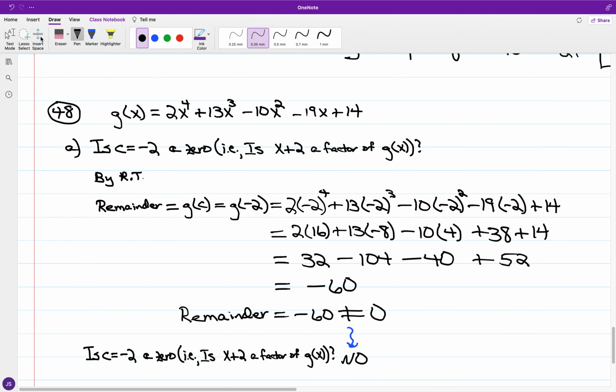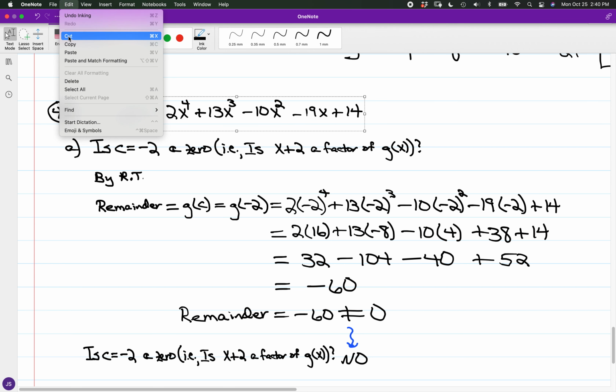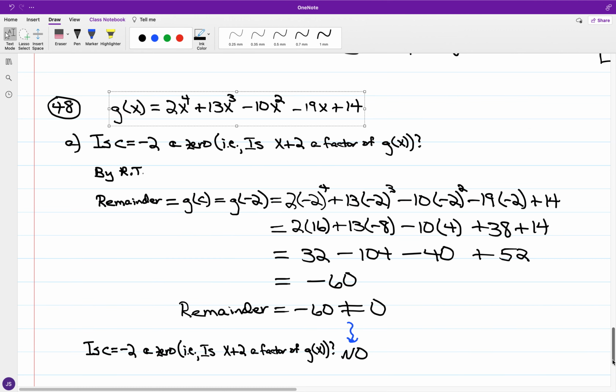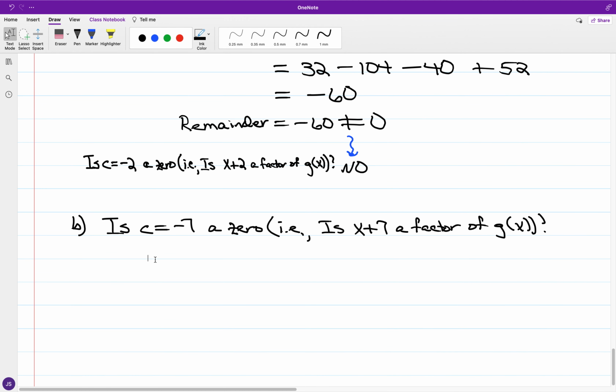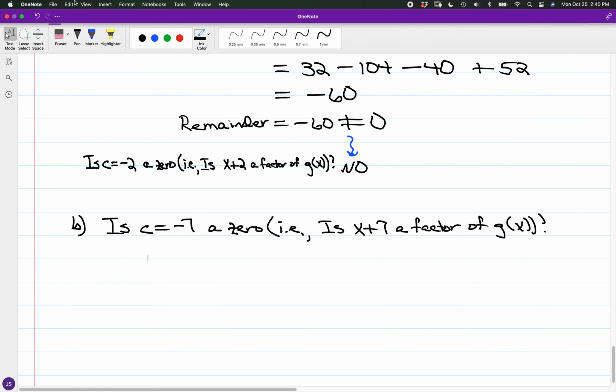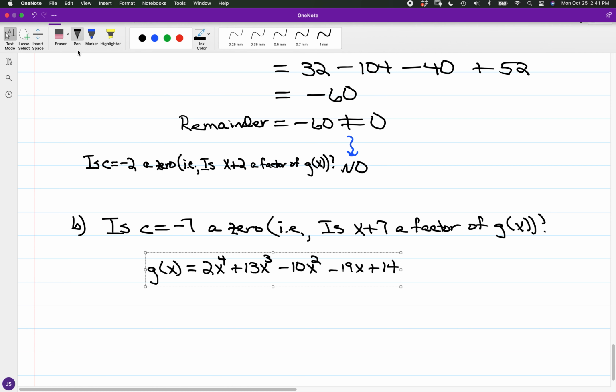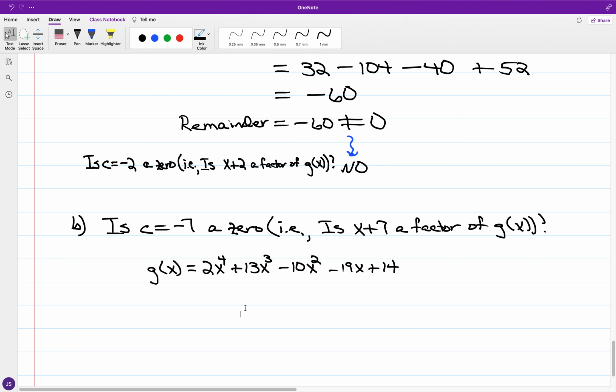So again, this is our g of x. And if you notice, we've got fourth order, third order, second order, first order, and constant terms.